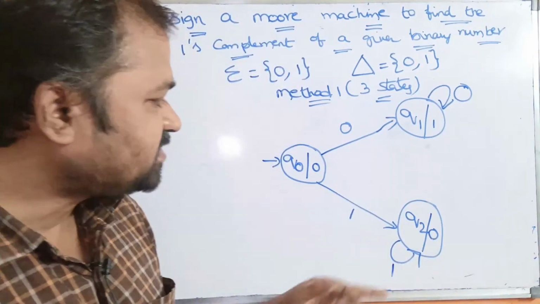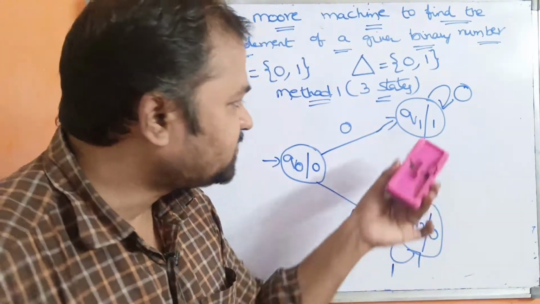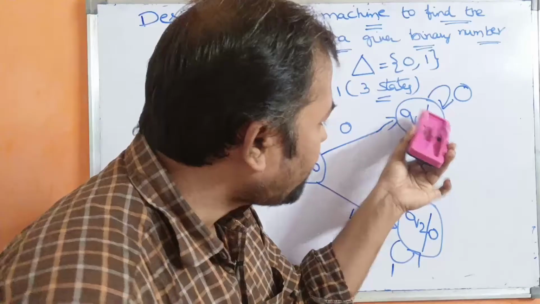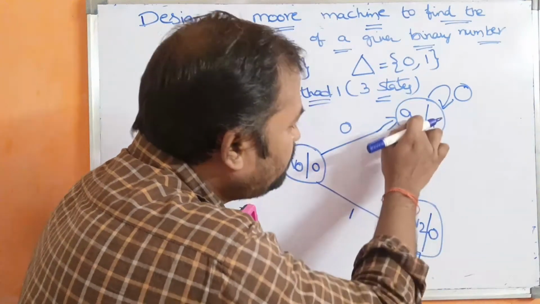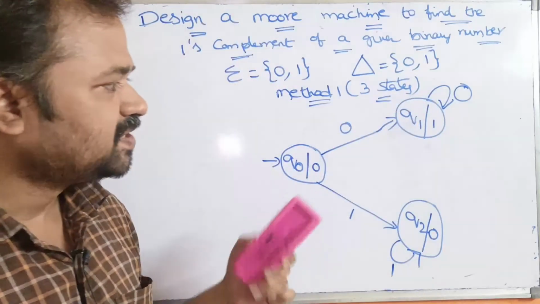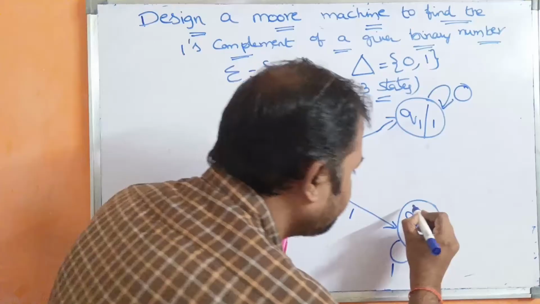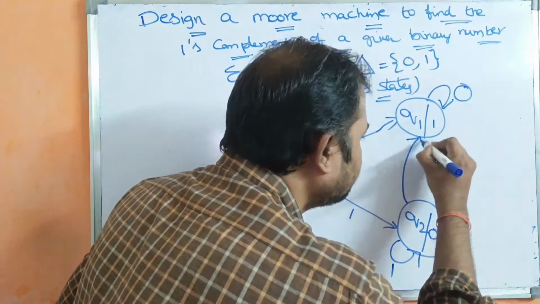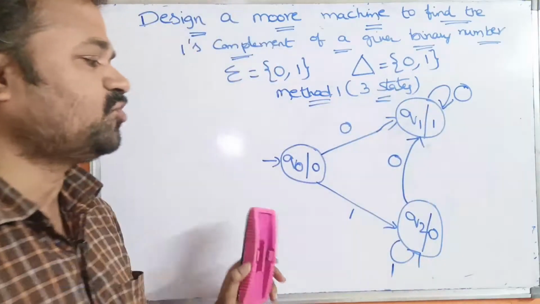Okay. Next, we have to apply 0 on Q2 as well as 1 on Q1. Here the output of Q1 is 1. So when will the output be 1? If the input is 0. So if we apply 0 on Q2, then we will get 1 as the output.